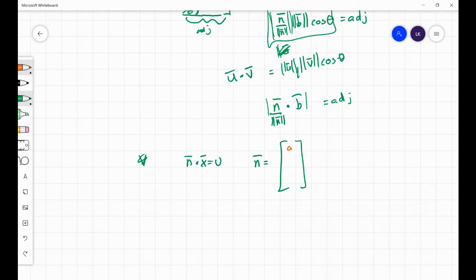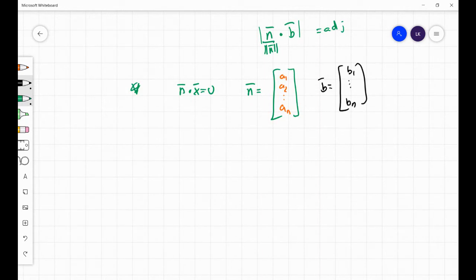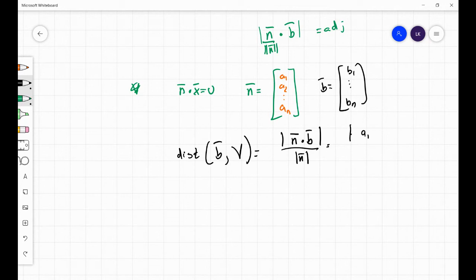Let's just say a1, a2, all the way through an, and your point has coordinates b1 through bn. We intuited geometrically that the distance between B and the hyperplane would be this simple scalar projection formula. Right, so I mean, I don't know what else to write. It's just, it is what it is.